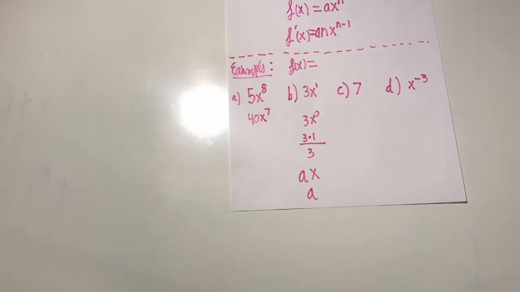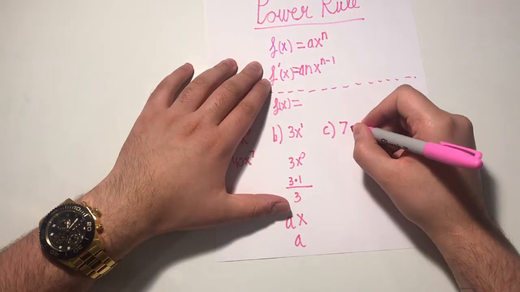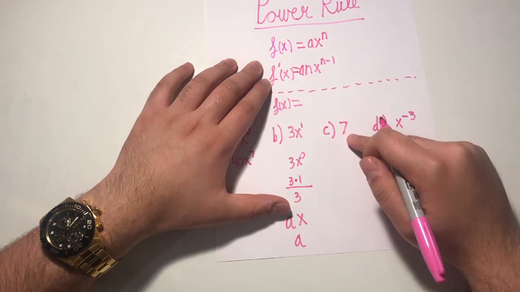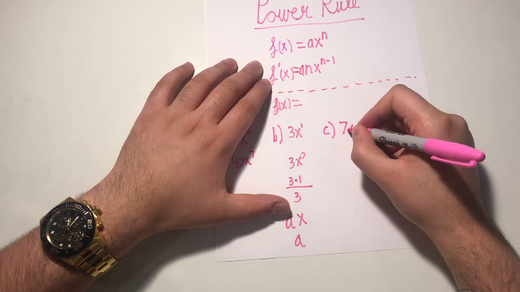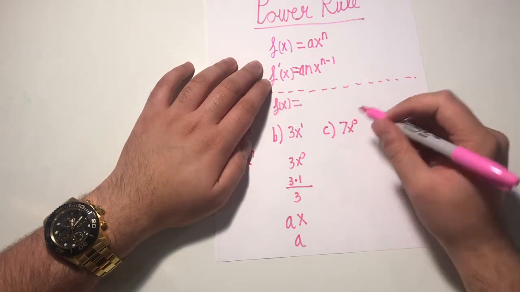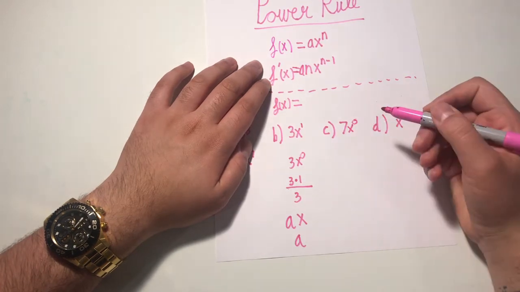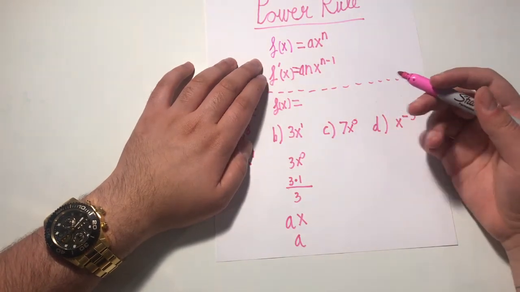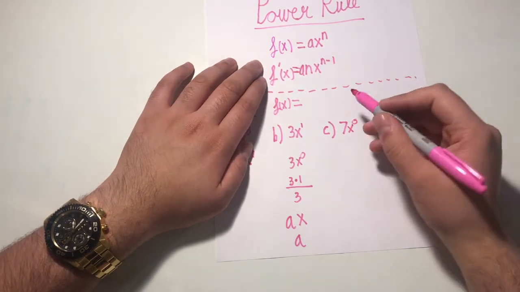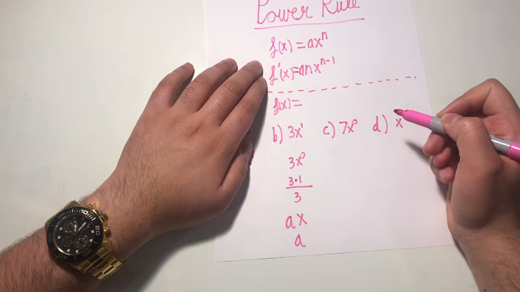The derivative of 7. You don't see it here, but you could also write it as 7 times x to the 0 power. But since, like we saw here, we don't normally write to the 0 power, we just write 7. So let's take the derivative of this and see what happens. First, we multiply our exponent with our coefficient.